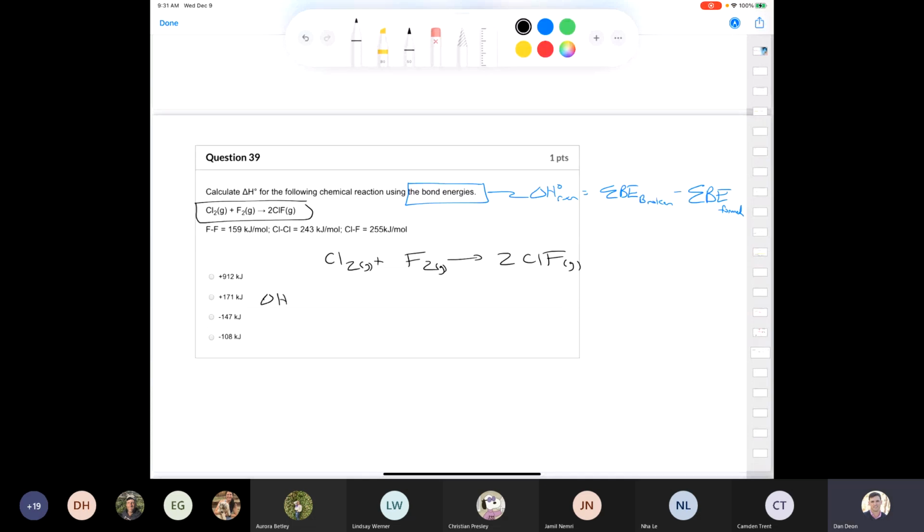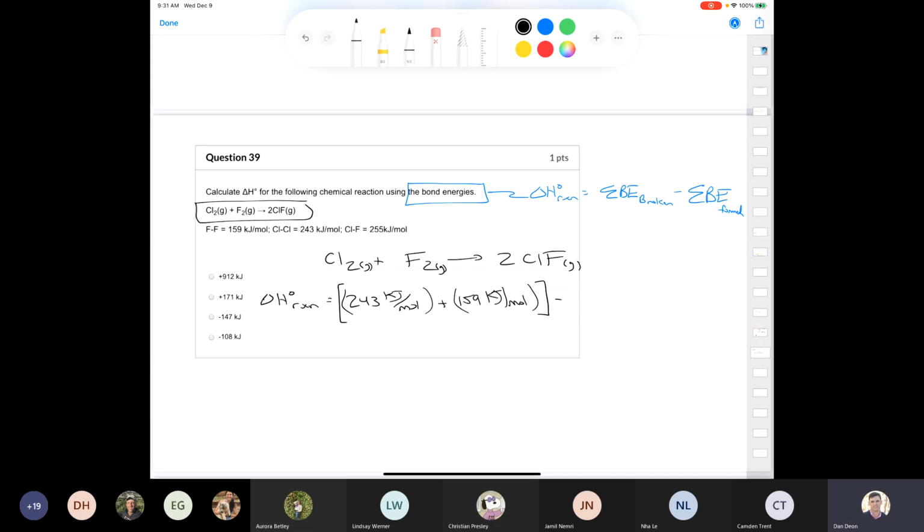If I take my delta H of my reaction, I'm breaking the bond in Cl2. So I know that's worth 243 kilojoules per mole. I'm breaking the fluorine bond, which is worth 159 kilojoules per mole. So that's the total of my bonds broken.